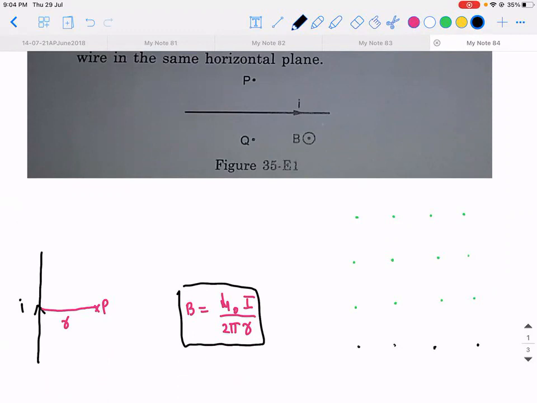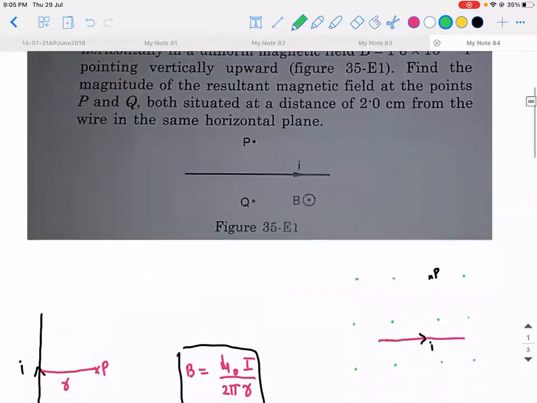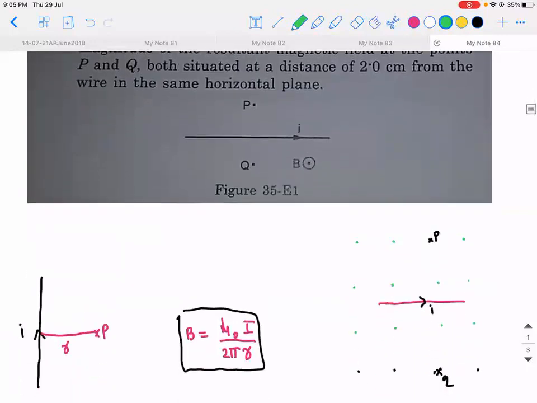Here I am placing this conductor, which is carrying a current I. This is point P and this is point Q, correct? A vertical magnetic field is already there at P, and its magnitude and direction are given in our question.